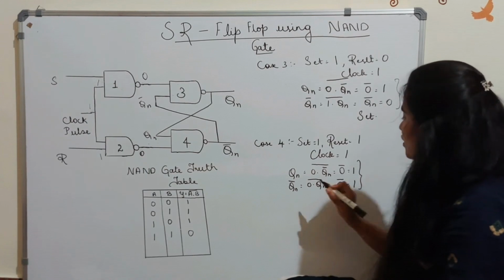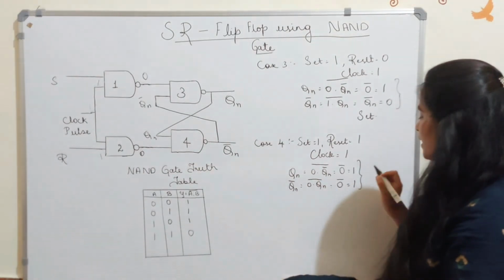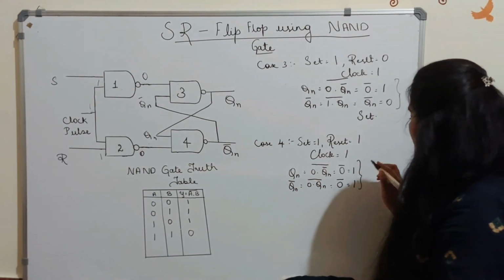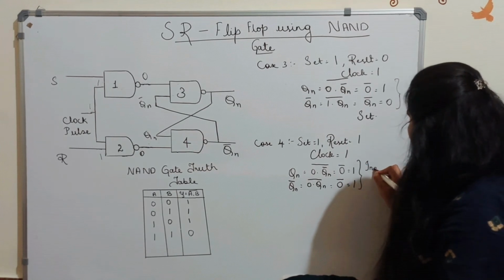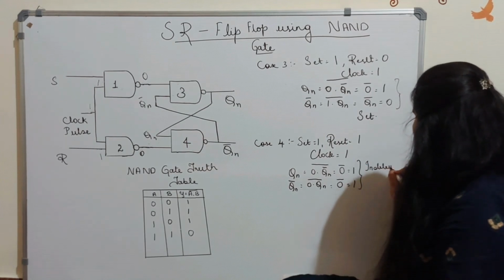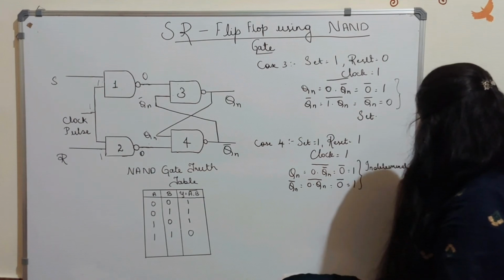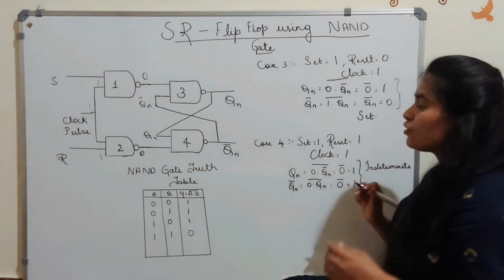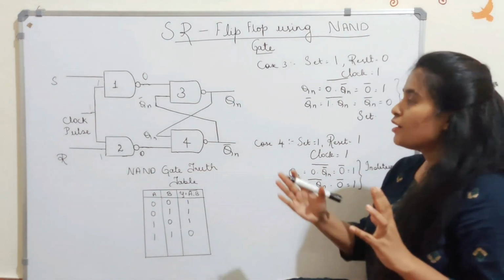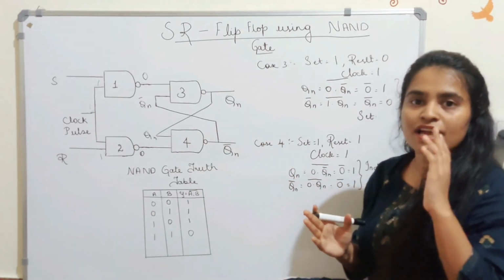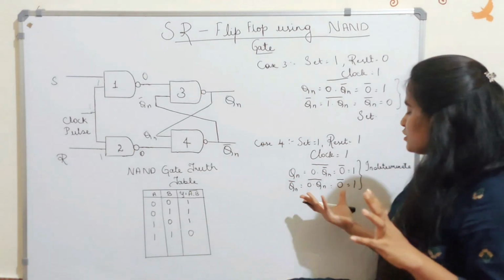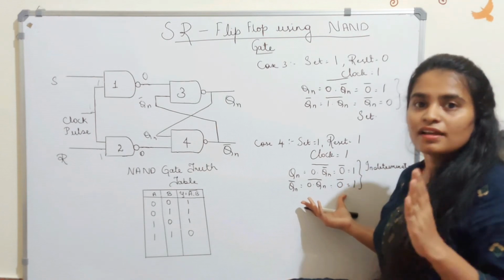If you observe, both set and reset are high, so it turns out to be an indeterminate state, which is not valid. Both set and reset cannot be high at the same time, so it is indeterminate, that is invalid.